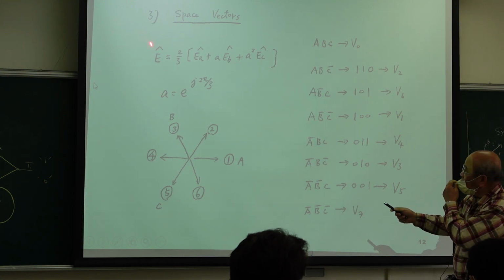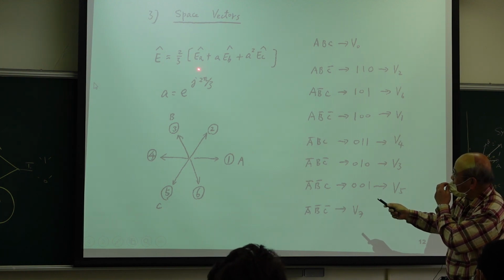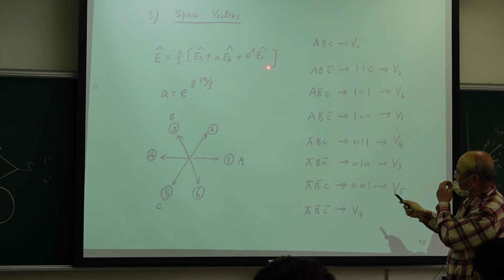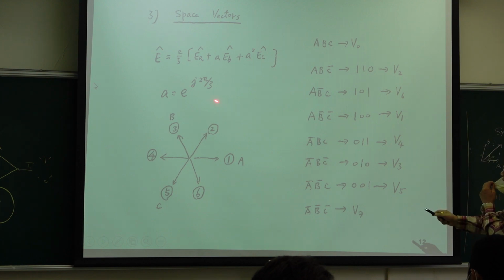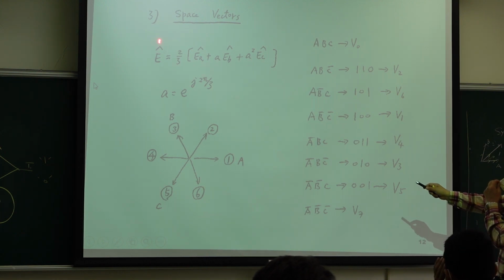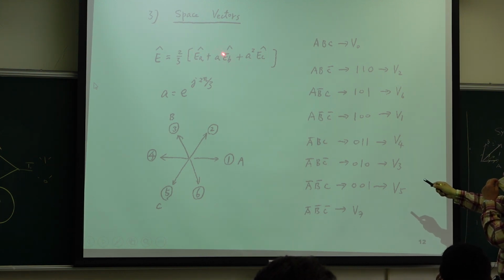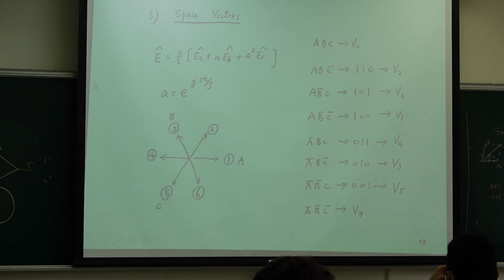The real vector depends on A phase plus B phase plus C phase. Then we use math to compute how much for A phase, how much for B phase, how much for C phase, how much for the zero vector. Then we can synthesize any vector here, here, here, but we cannot over here.